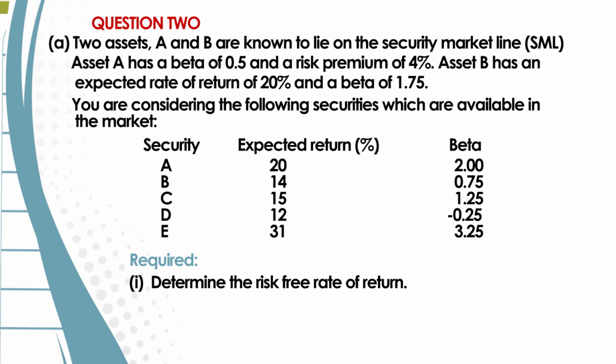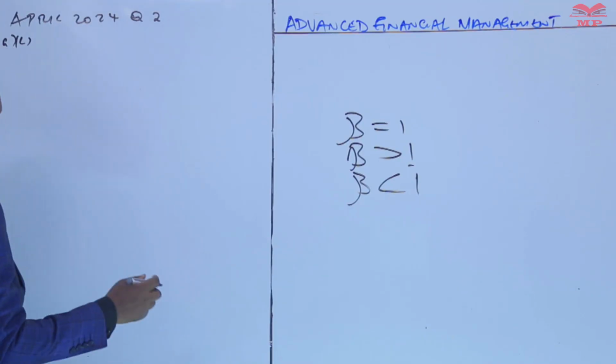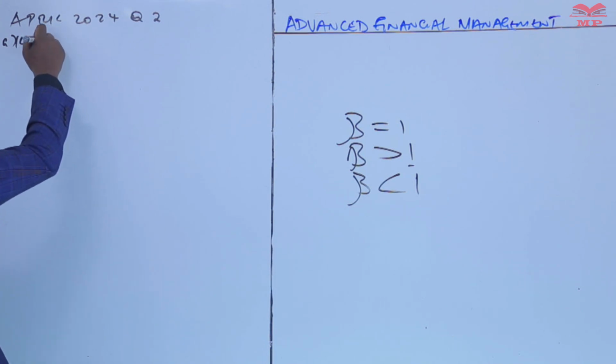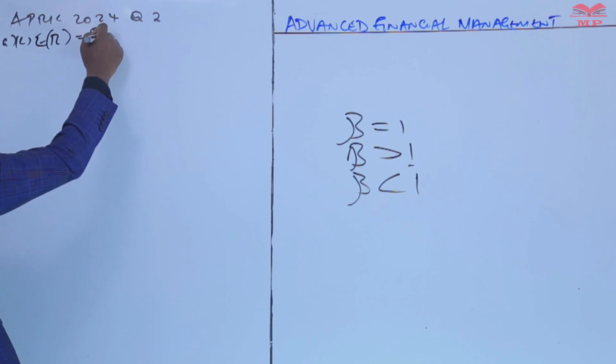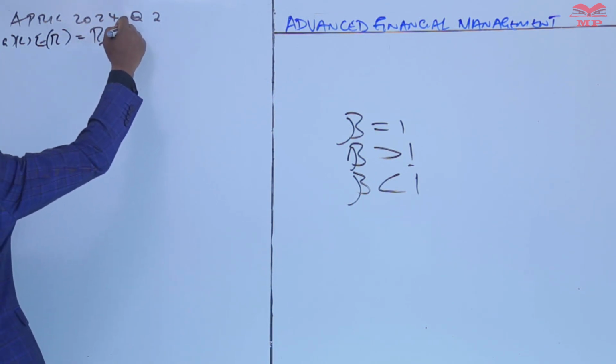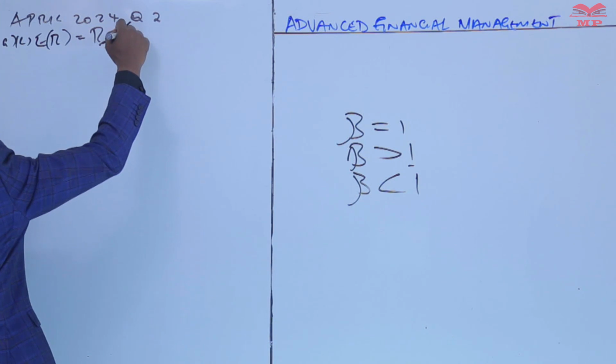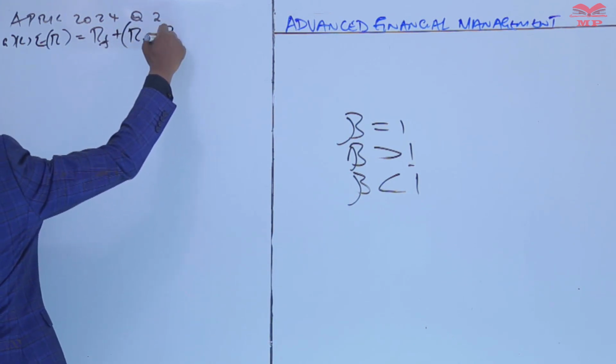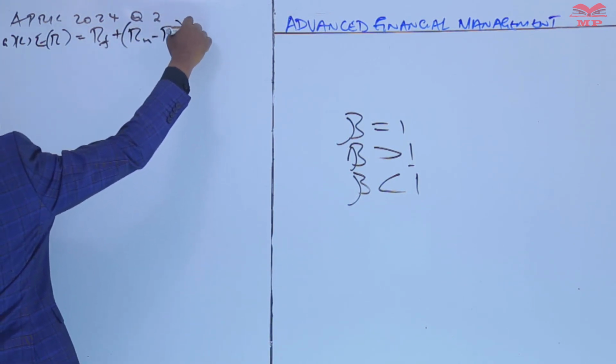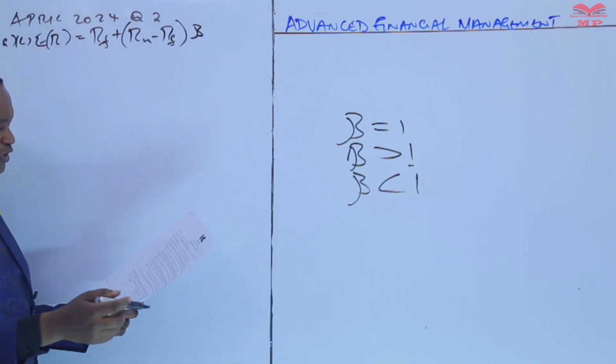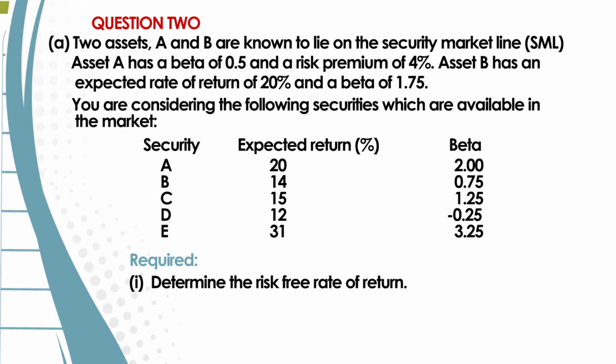So, how do we determine the risk-free rate? Which formula are we going to use? We are going to use the CAPM formula. Expected rate of return is equal to risk-free rate plus the premium. The premium is RM minus RF times beta. And we are going to use the beta for asset B because that is the information we have.